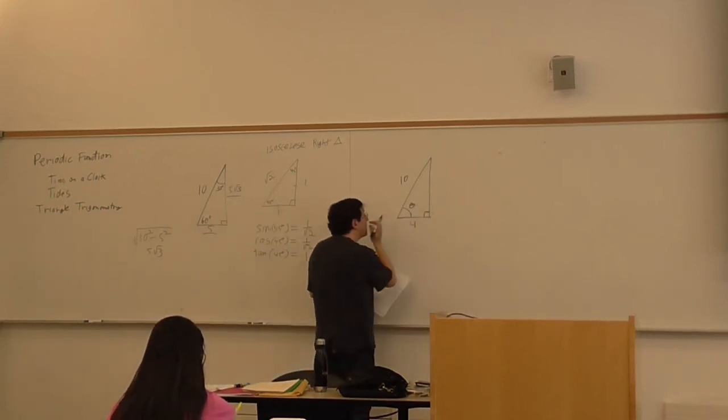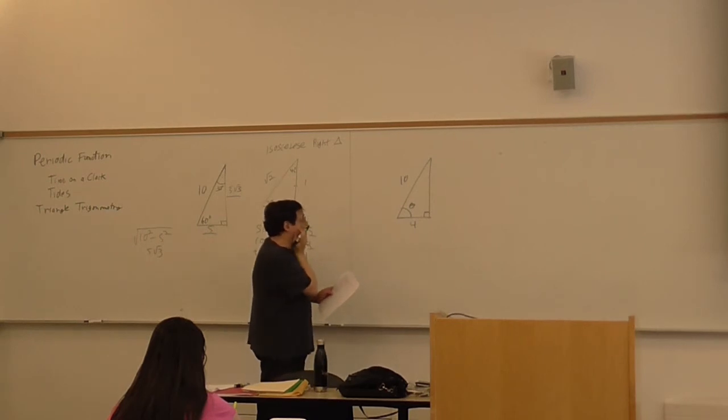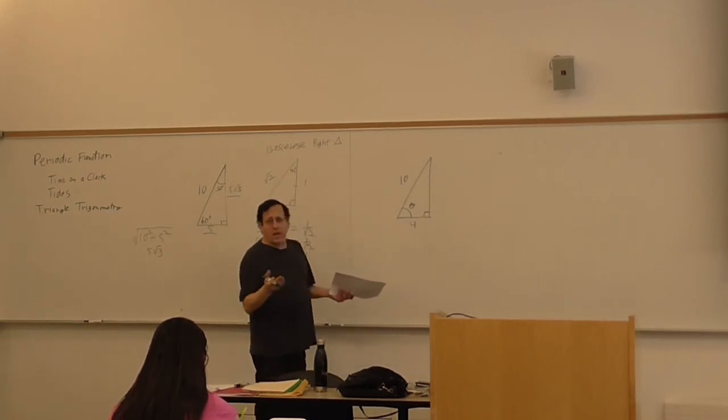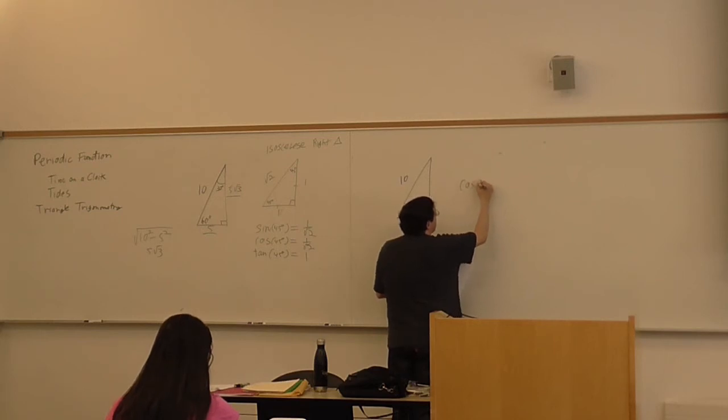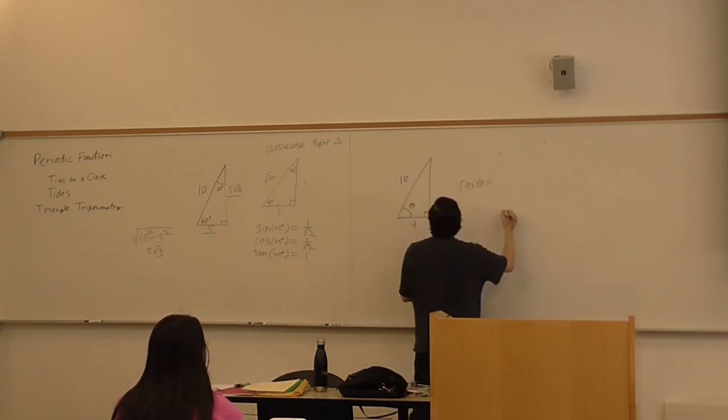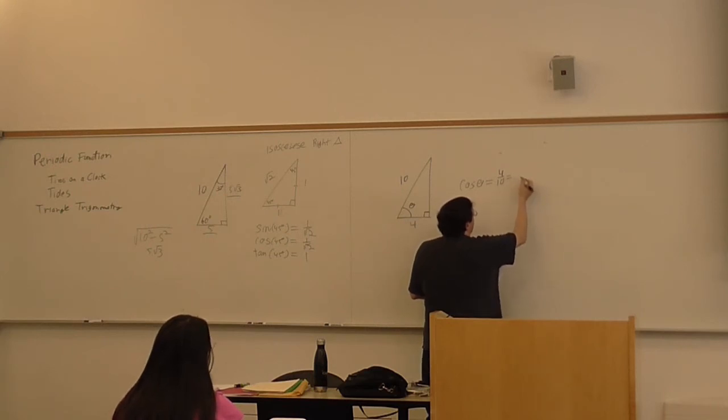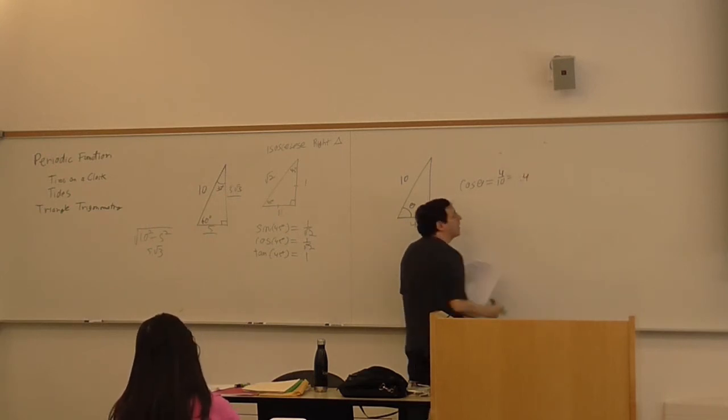There's my angle. Well, I say to myself, I know the cosine of this angle. I know the cosine of theta is equal to 4 over 10 or 2/5 or whatever, 0.4.